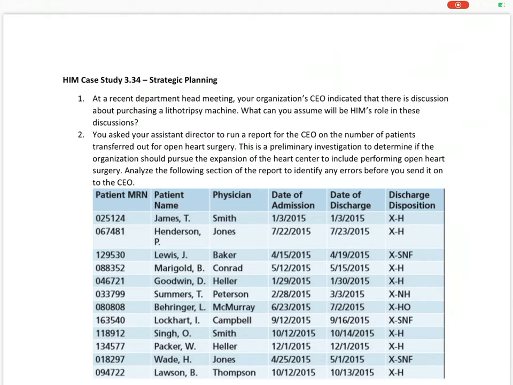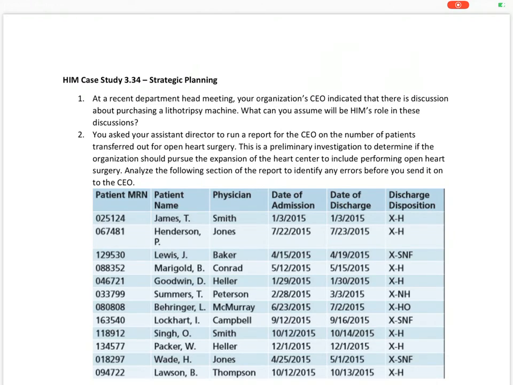Our first question talks about a recent department head meeting and your CEO talking about the thought of purchasing a lithotripsy machine. Now, your thought process needs to be, what are you going to assume HIM's role is in this discussion?